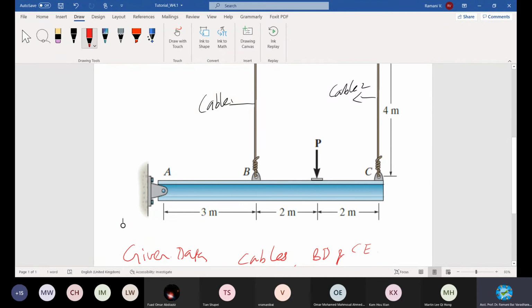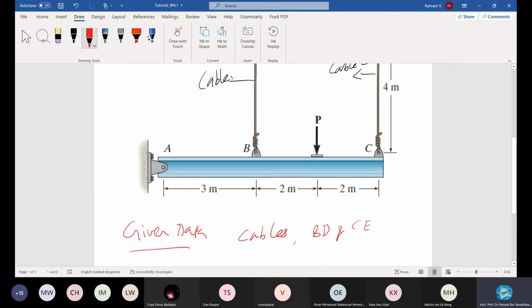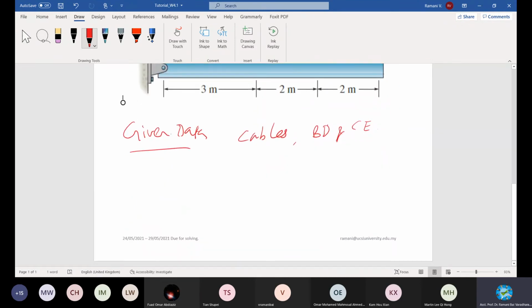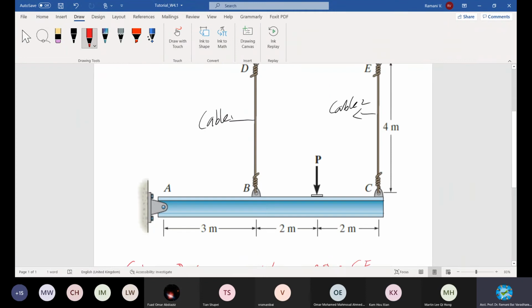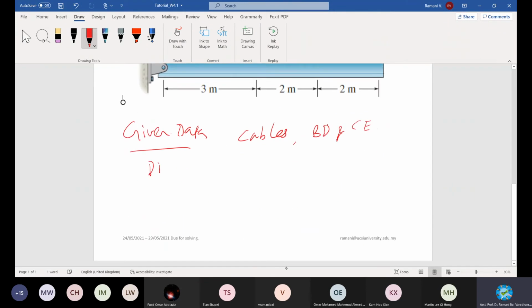At C, the displacement or deformation is given. We denote the deformation, or I use the same word, displacement. Please stop me if you do not understand at any point. Displacement at C due to which member?